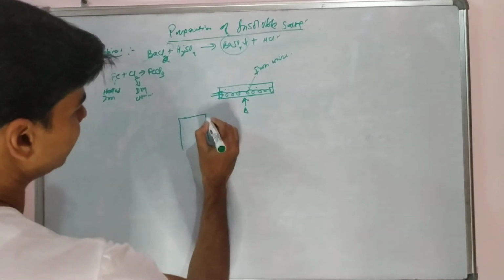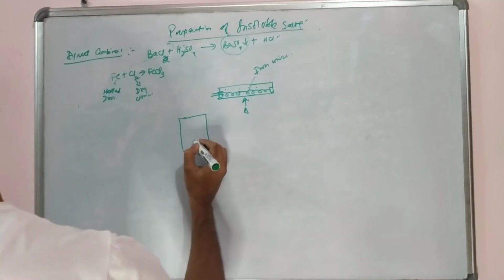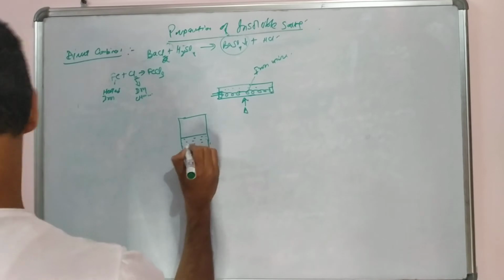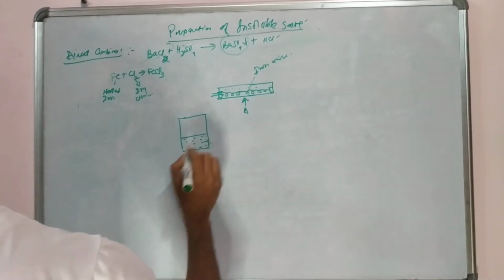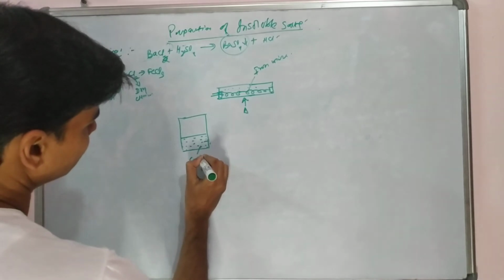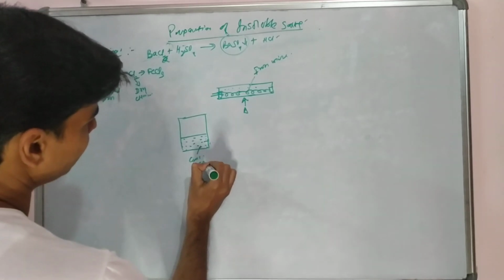It's this kind of a container where we are preparing chlorine. This is concentrated sulfuric acid.